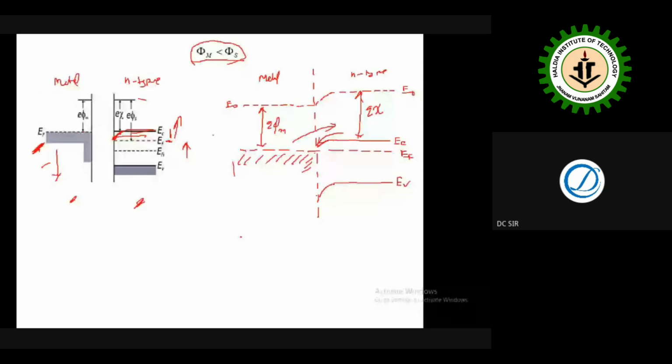So this type of junction is called a non-rectifying or ohmic contact. So when we make a metal and n-type semiconductor junction at the condition of phi m less than phi s, it behaves as a non-rectifying or ohmic contact.